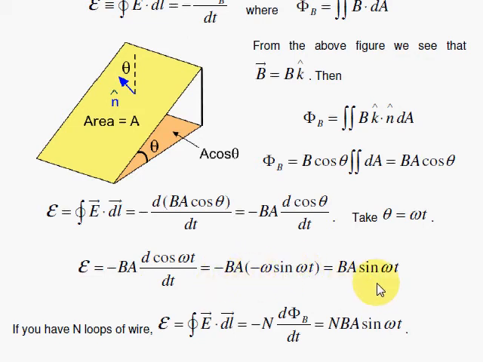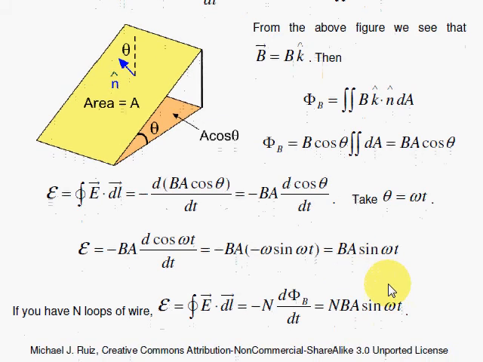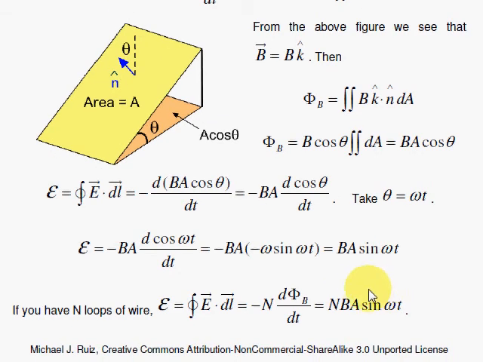Two minus signs cancel, and you get this result, BA omega times the sine of omega t, and that's a sine wave generating alternating current. And if you have N loops, you reinforce things and you multiply this by N.